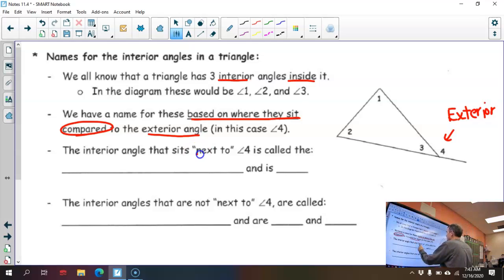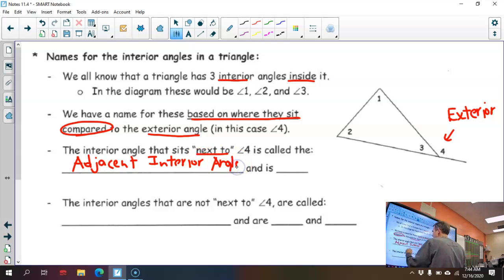Now I have names for these ones on the inside. The interior angle that sits next to angle 4 is called the adjacent interior angle. All right? The word adjacent means next to. And that, of course, is angle 3. So this angle right here is the adjacent one.